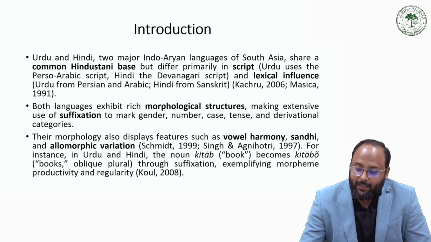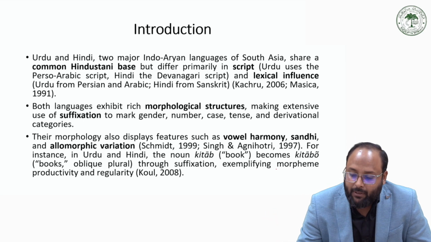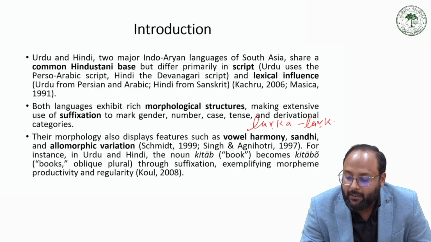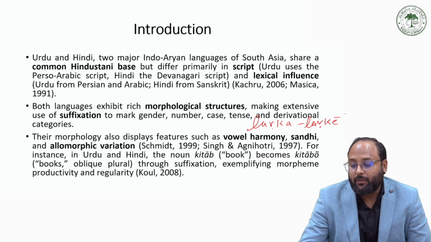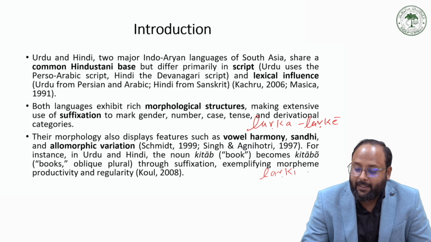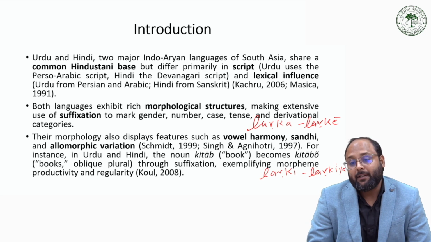If you have ladka, for making the plural, it becomes ladke. So here A is the plural. And when we have ladki, it is not the A ending but the I ending, so it is ladkiyan. So that is the ya ending.